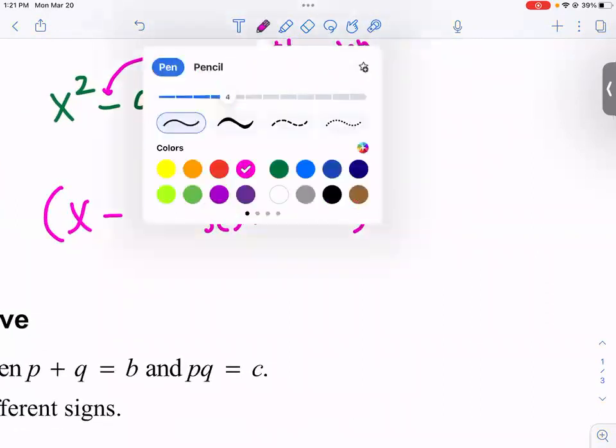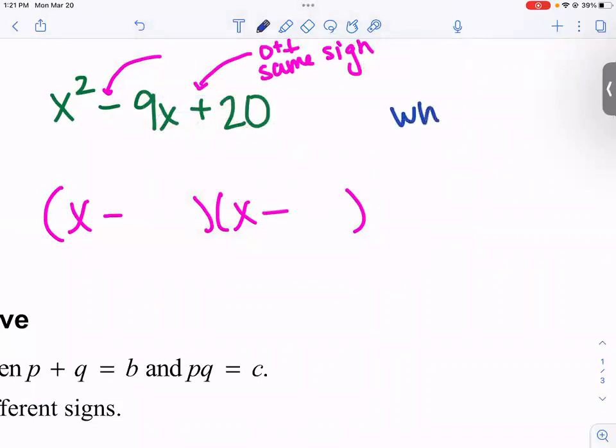All right. So I want to know what multiplies to a positive 20 and adds to a negative 9. Okay.